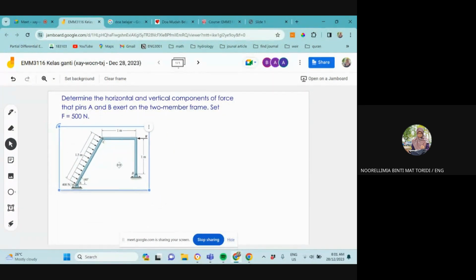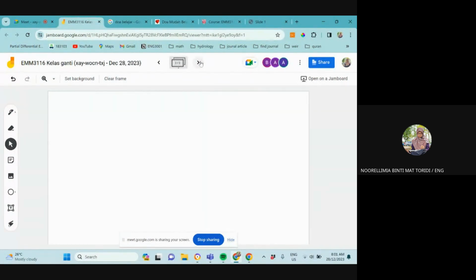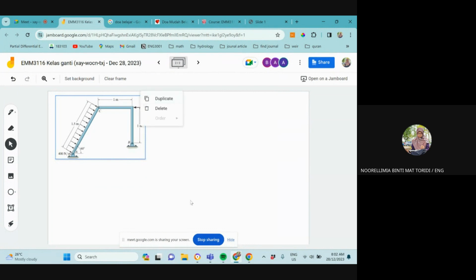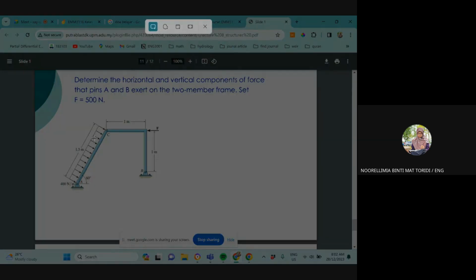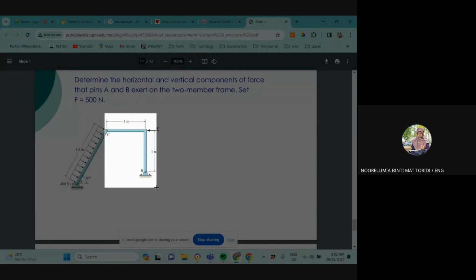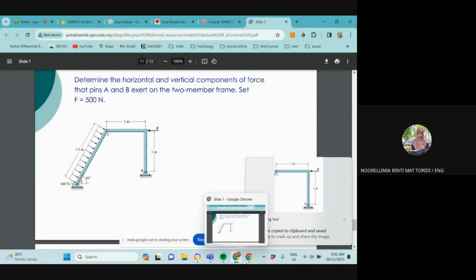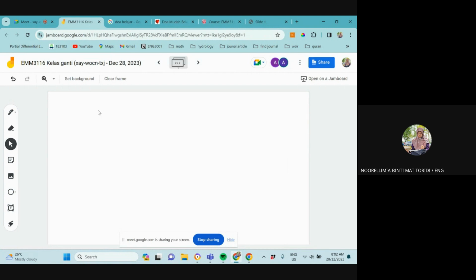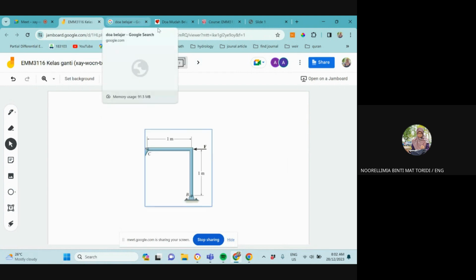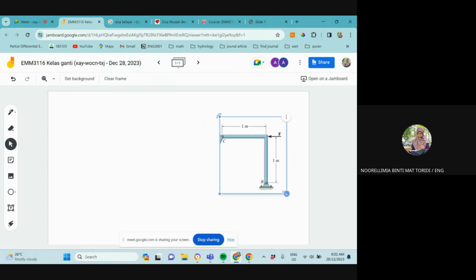Okay, so this is the question. So first, break it into the two components, two frames, the two members. Okay, so this one is member BC.